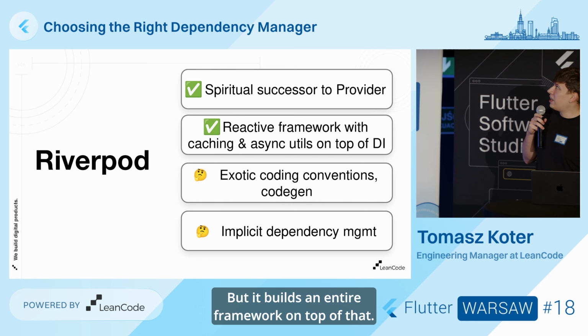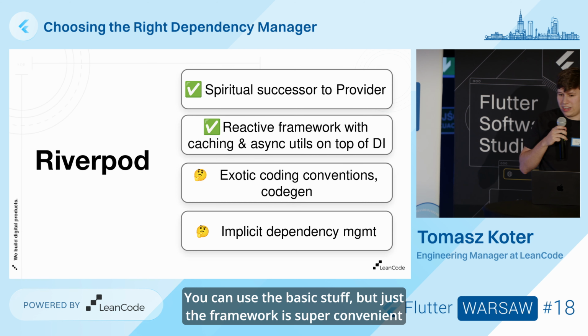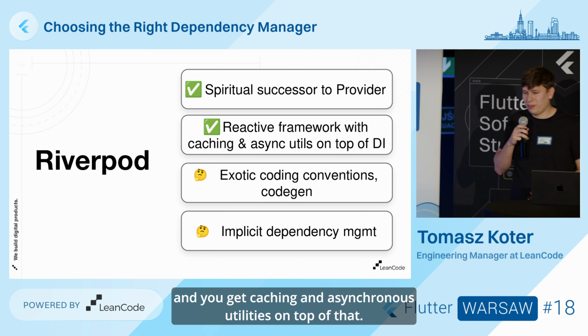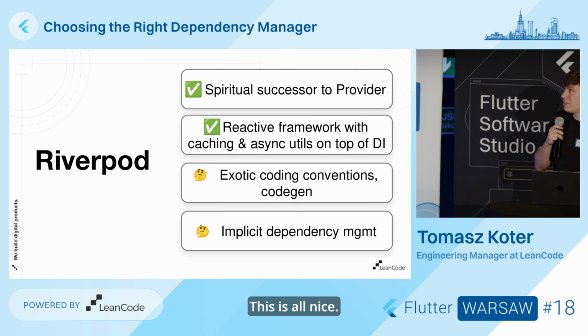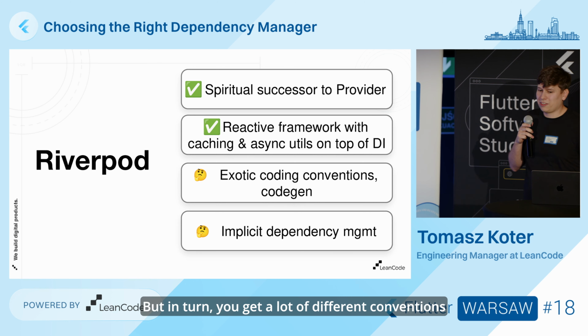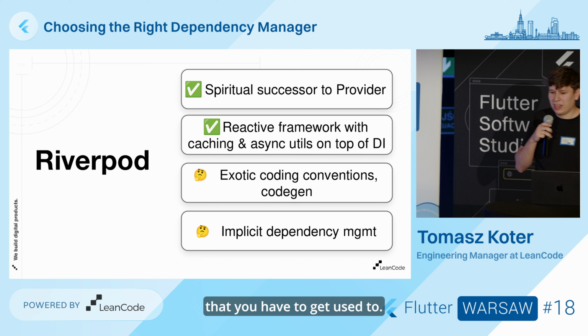But it builds an entire framework on top of that. You can use the basic stuff, but the framework is super convenient, and you get caching and asynchronous utilities on top of that. This is all nice, but in turn you get a lot of different conventions that you have to get used to.